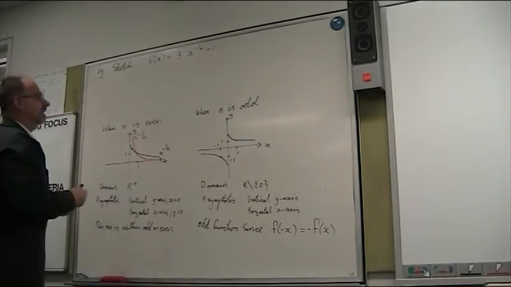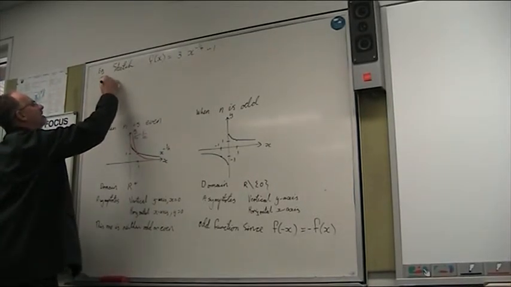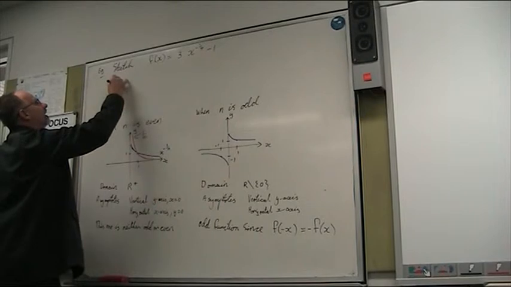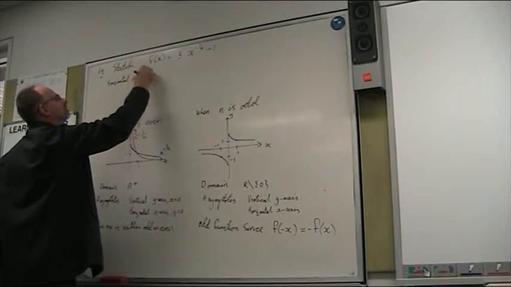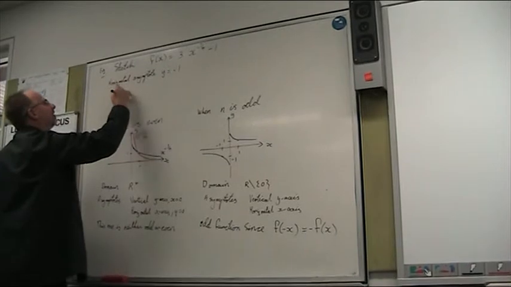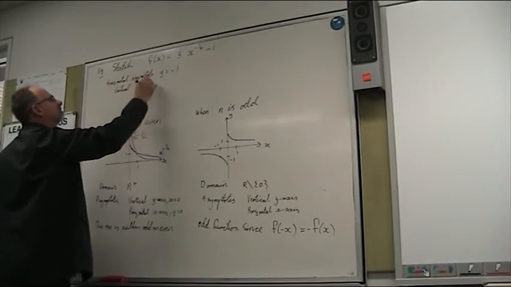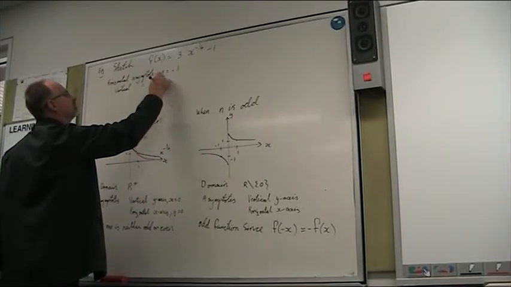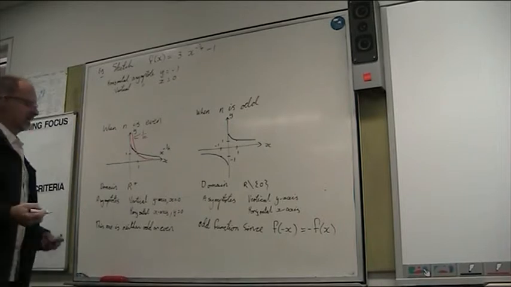All right. So if it's been moved down, its horizontal asymptote will be where? Yep. y equals -1, and our vertical is the same, x equals 0, the y-axis. All right.